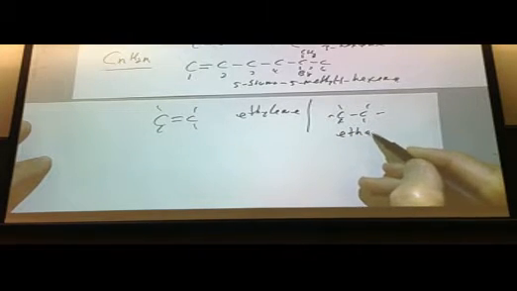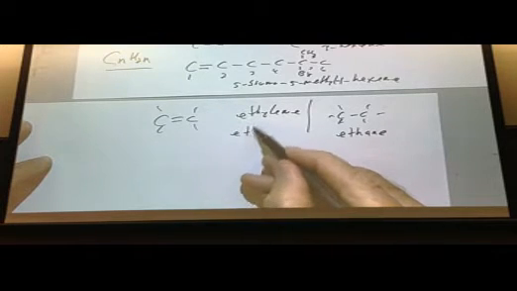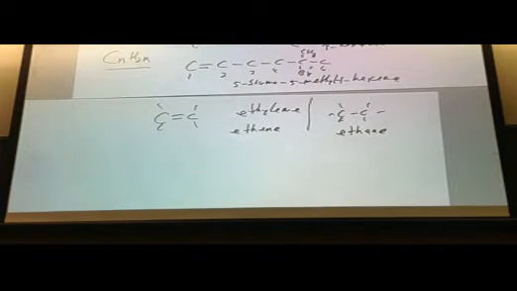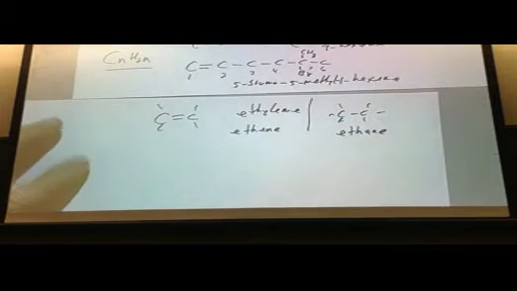What would this be called? These are all hydrogens. This is an alkane. This would be ethane. Just change the A to an E. And you don't need a number. You don't need to say 1-ethene because it can only be in position number 1.